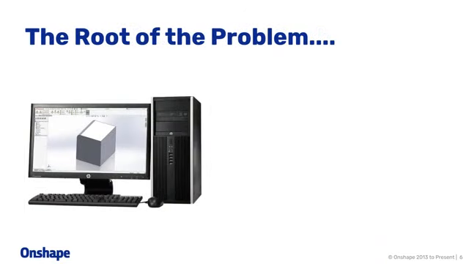Okay, so before we start, there really is one root to this entire problem. There are other things that we could talk about with machine design or any design in any industry, but 3D CAD has been around for 30 plus years. And back in the day, the only way you could store data that you generate from CAD was in a file. And it's not just one file.